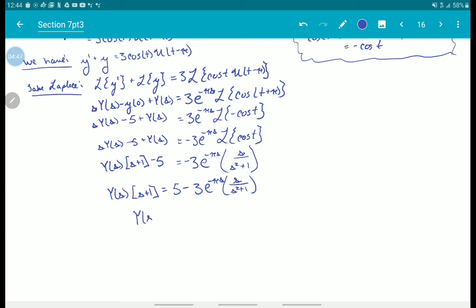So then Y of s is equal to 5 over s plus 1 minus, and I'm going to reorder this, 3s over s squared plus 1 times 1 over s plus 1 e to the negative pi s. And we can actually think about this guy more like, and I'm going to rewrite that, 3s over s squared plus 1, s plus 1.